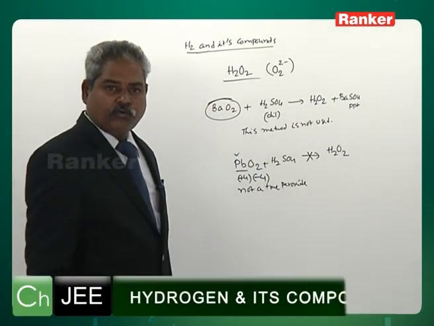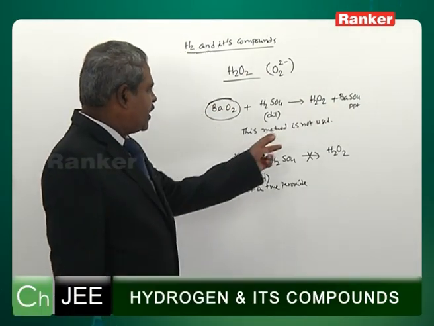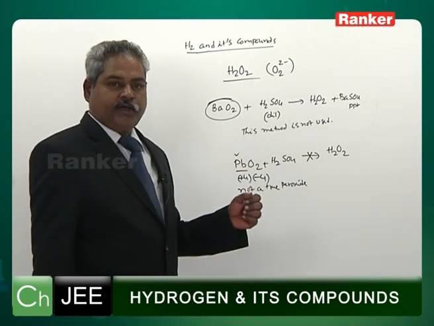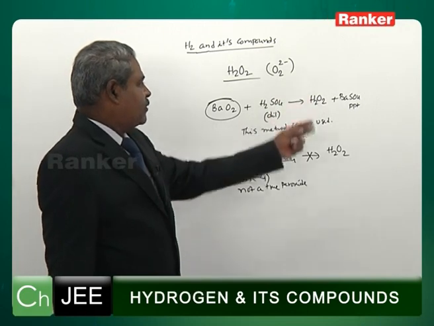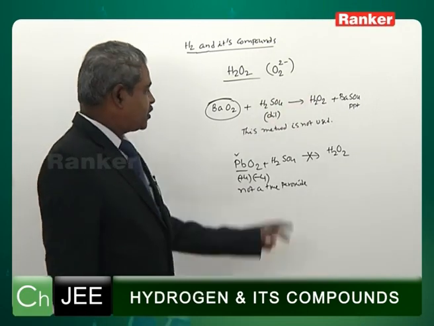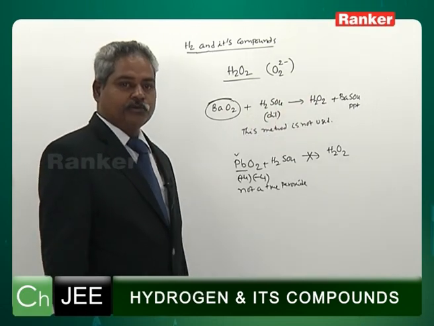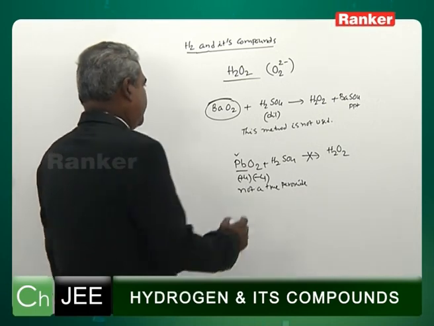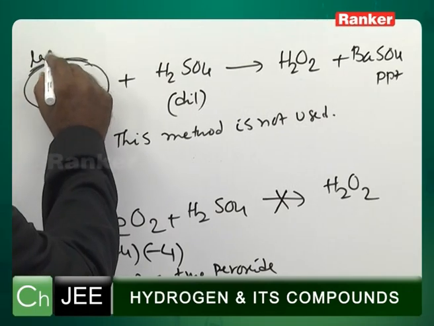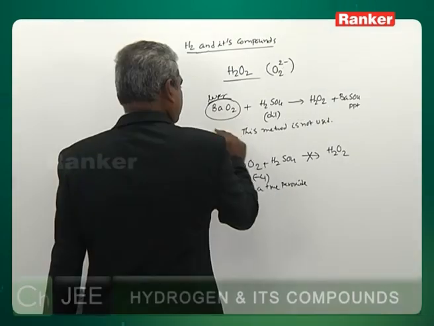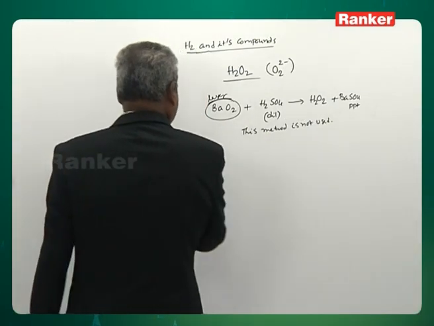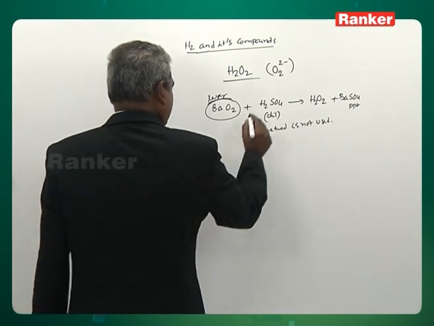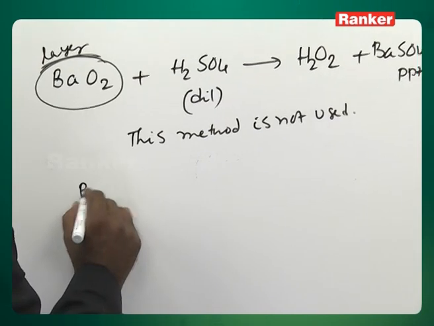Wherever you have BaSO4, that doesn't allow the reaction to go further. It almost acts like a negative catalyst. So, you find BaSO4 at many places where the reaction does not go to completion. It stops midway through. So, BaSO4 forms a layer. Therefore, this is not used. Though you get H2O2, this is not used. So, then how is H2O2 prepared from barium peroxide?